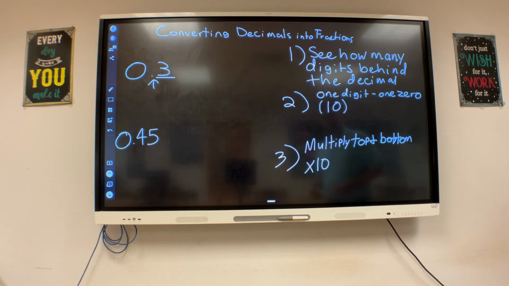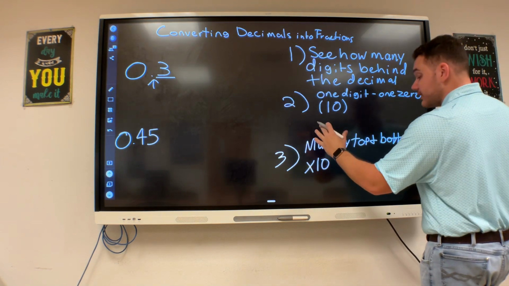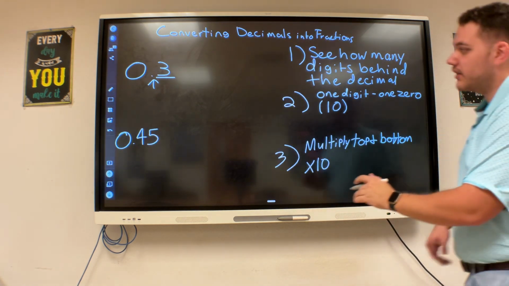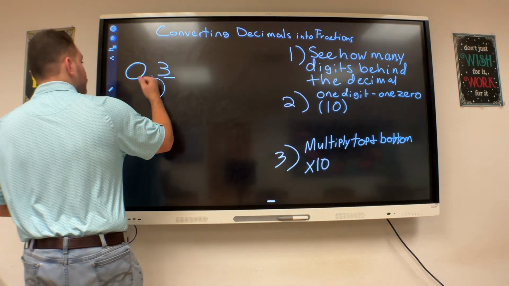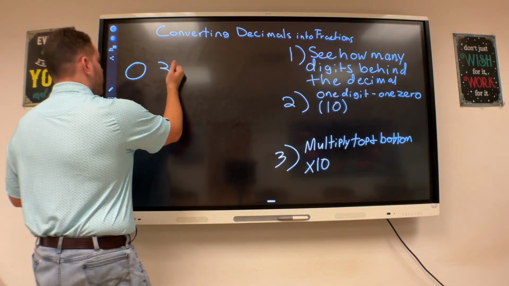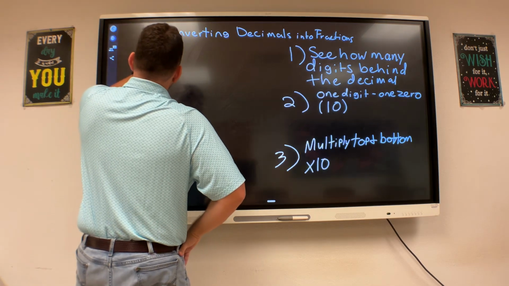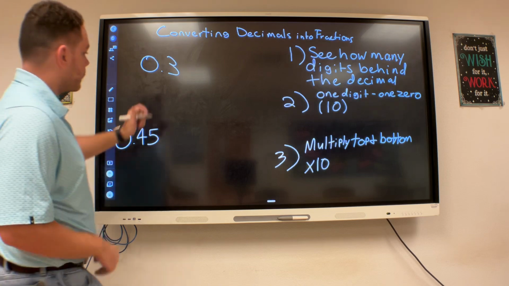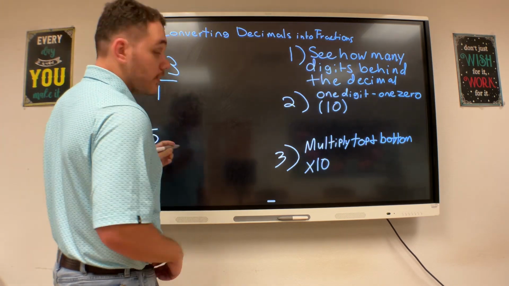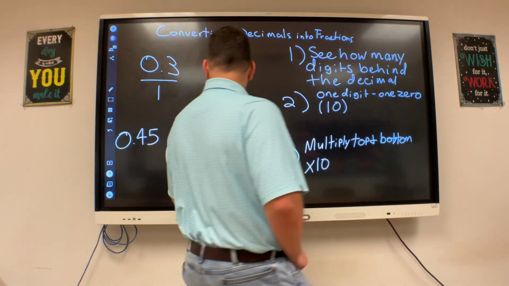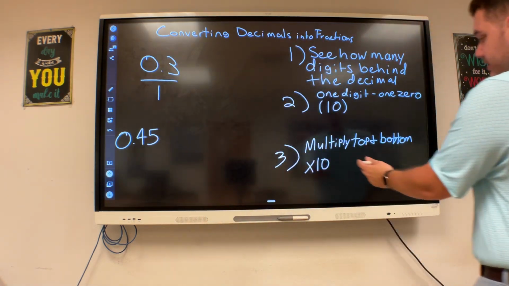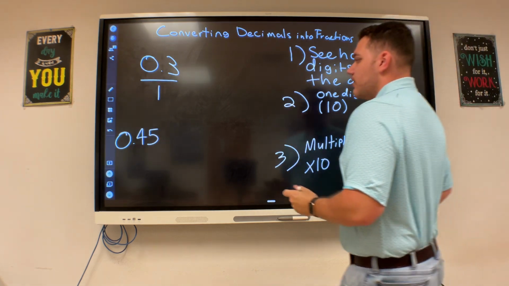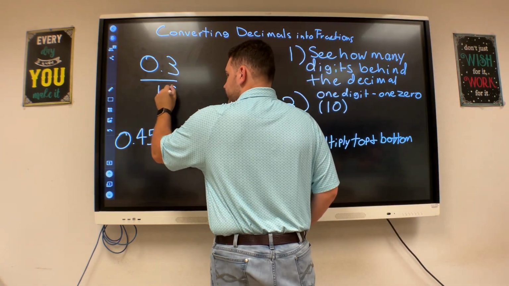And so now we're gonna take that hanging 10 and use it in step 3. We're gonna multiply the top and the bottom by 10. So we have 0.3, and we remember from fractions that a whole number like that is understood to have 1 as the denominator, the bottom number. That's our third step. We're gonna multiply the top and the bottom by 10. 1 times 10 is just 10.